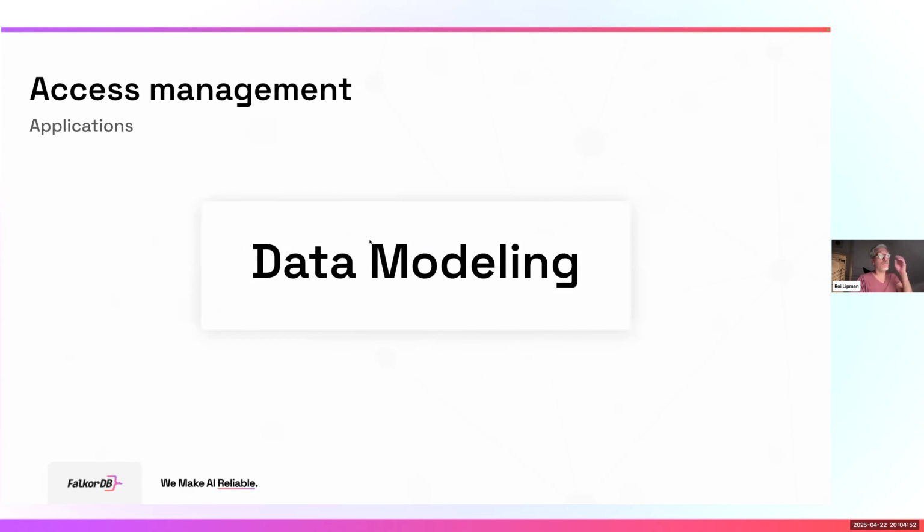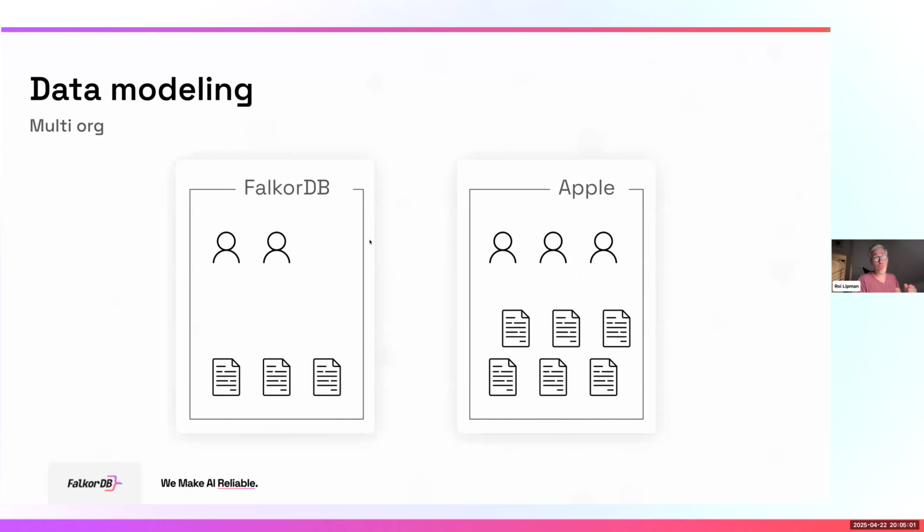And so how does one go about modeling such a system within a graph database? Keeping in mind, as with those solutions that we've just looked at, how does one model multiple customers or multiple different organizations within the system?